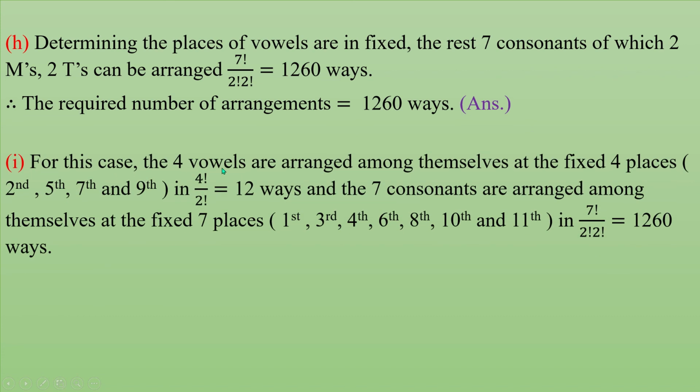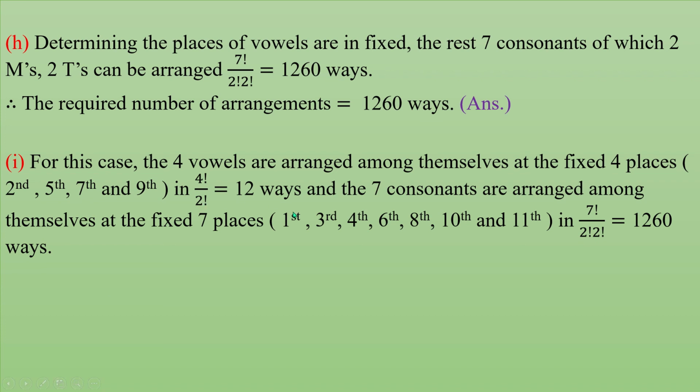I number, for this case the 4 vowels are arranged among themselves at the fixed 4 places, that means 2nd, 5th, 7th and 9th places, in 4 factorial divided by 2 factorial, because there are 2 A's, so we have to divide by 2 factorial.